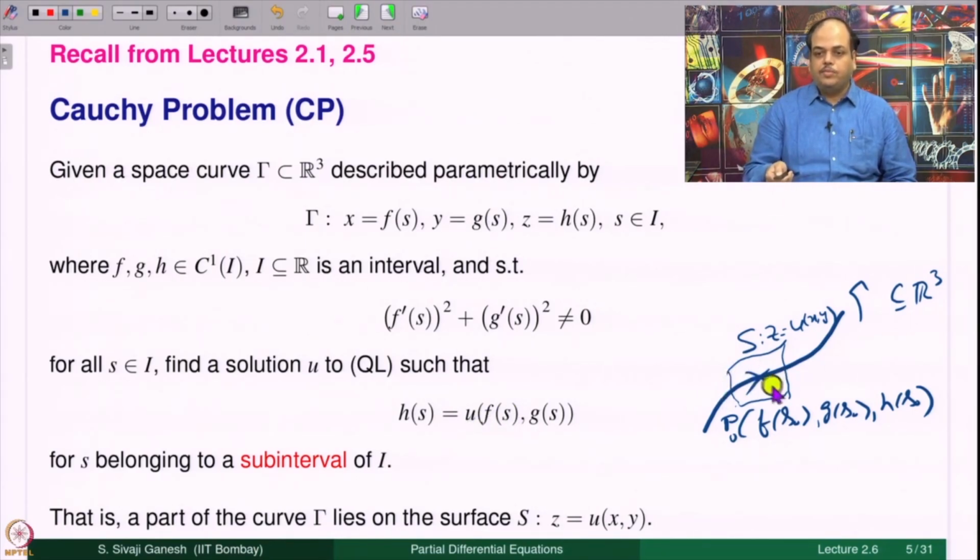Of course, we need some assumptions to assert that there is such a function u. We have already seen that this question arose in the case of linear and semilinear equations when we tried to solve Cauchy problems. Some assumptions need to be made and then we will show such a function exists. This will be the final result at the end of implementing step 3 of the method of characteristics.